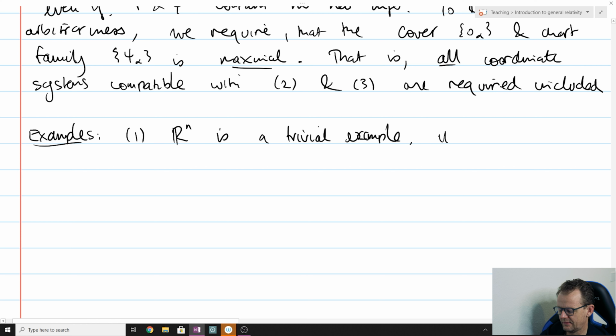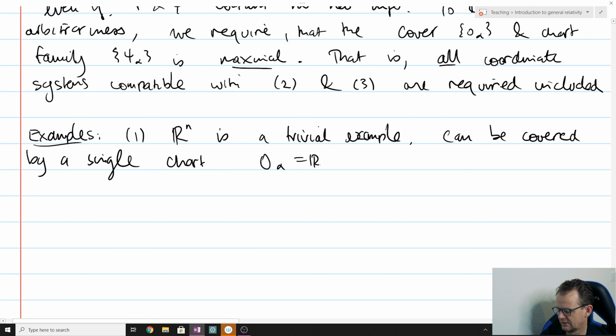It can be covered by one chart, of course. And what is that chart? Well, just Rn itself, with psi being the identity map. Now, Rn as a manifold is required to include all possible charts, remember?